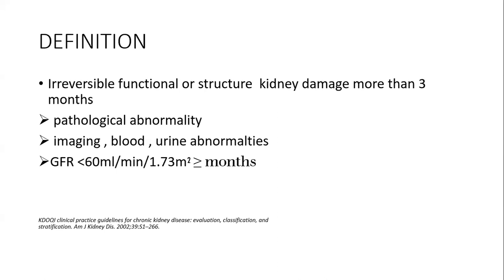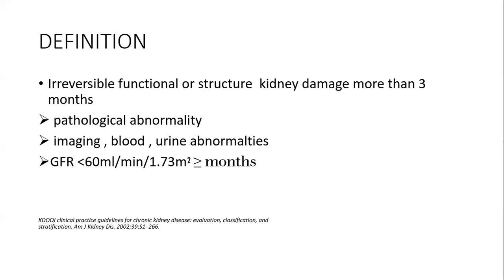When you consider the eGFR, you consider an eGFR less than 60 mL per minute per 1.73 square meters for more than 3 months. However, this last definition for the eGFR does not apply to children below 2 years, because their GFR is still maturing.